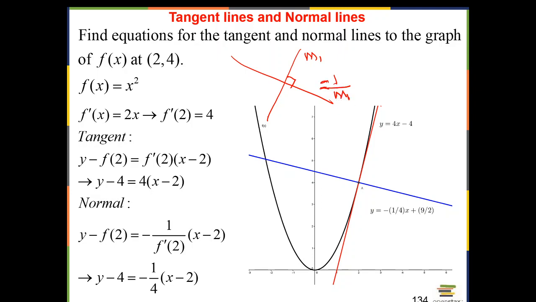So the slope of a normal line that goes through the same point (2, 4), if the slope of one is 4, the slope of the other one would be 1/4, but negative. So y minus 4 equals negative 1/4 times x minus 2. So that's the equation of the normal line to this curve at that point.